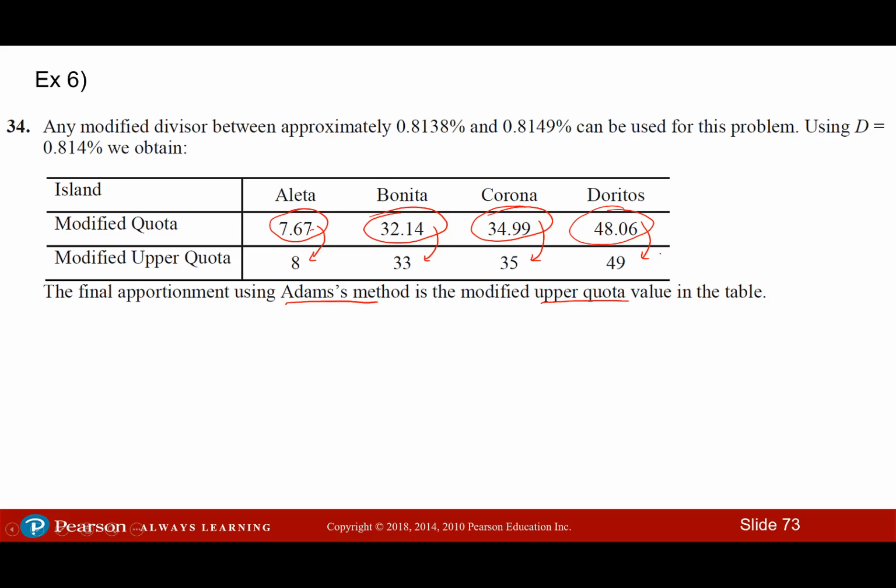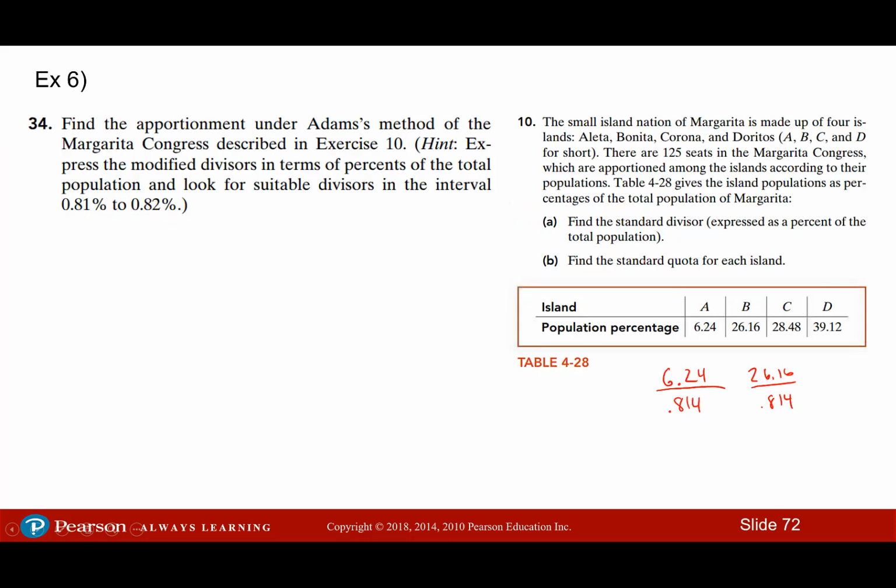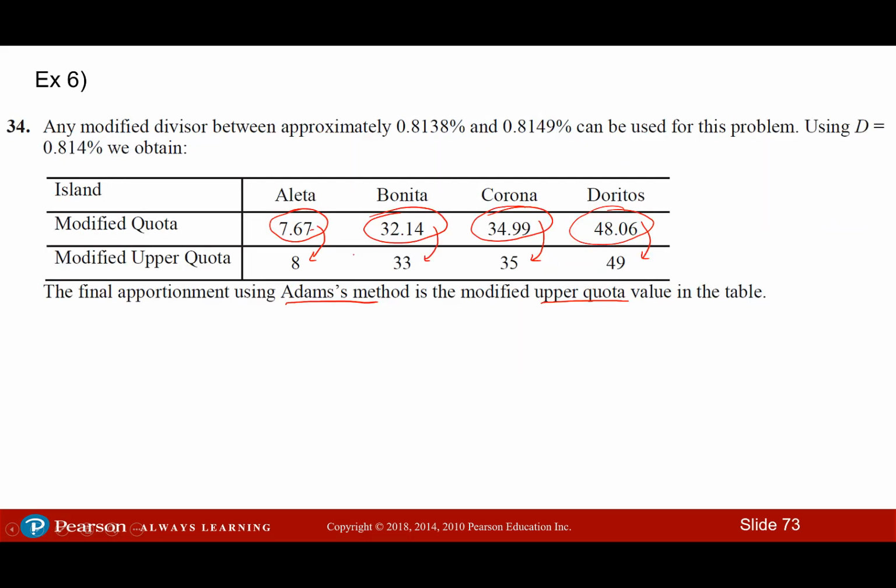Let me go back right over here. There are 125 seats in the Margarita Congress, and let's see if that adds up to 125. I'm going to use my little calculator real quickly here.